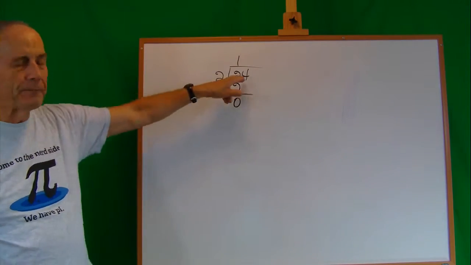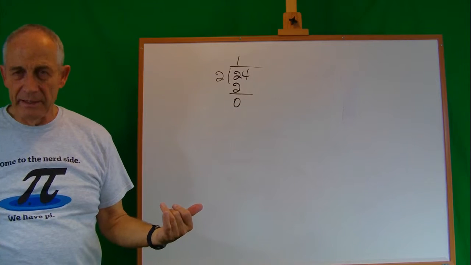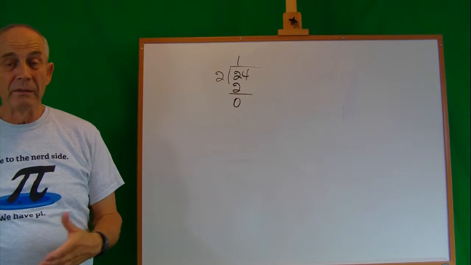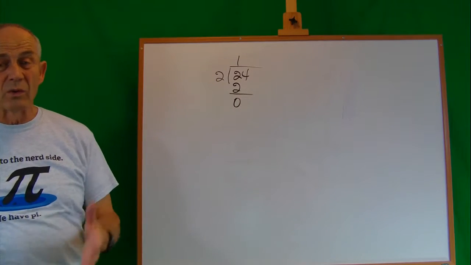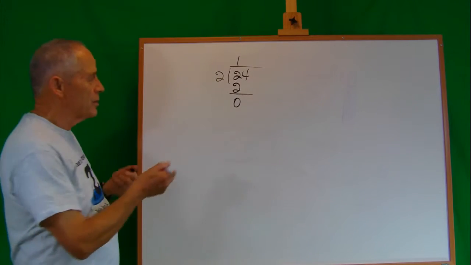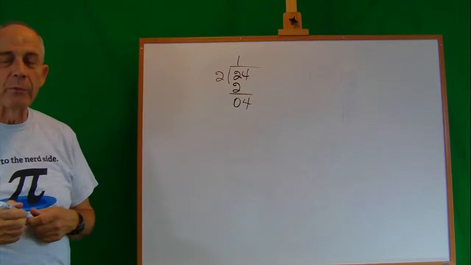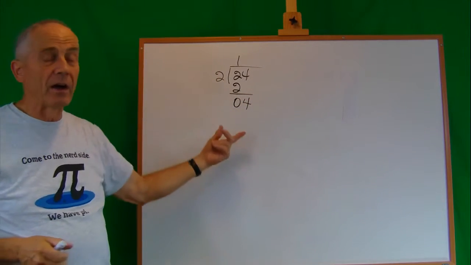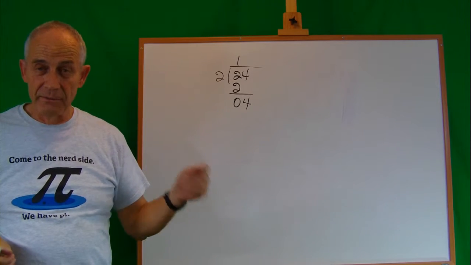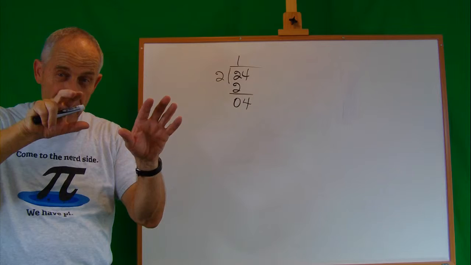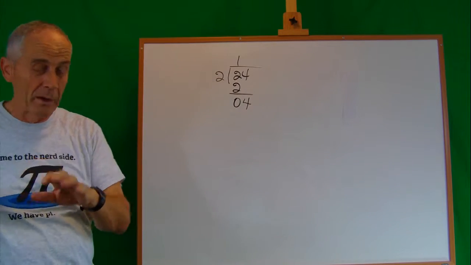Now here is the 4. We haven't done anything with that yet, so we want to make sure we divide 2 into the whole 24, not just the 20. So now we bring down this next one. And we're going to see how many 2's there are in this part of it. Now if you think about it, that's kind of like what I did when I split it into 20 plus 4.